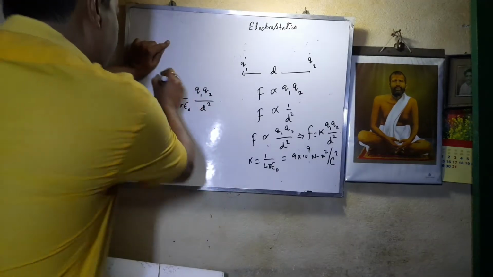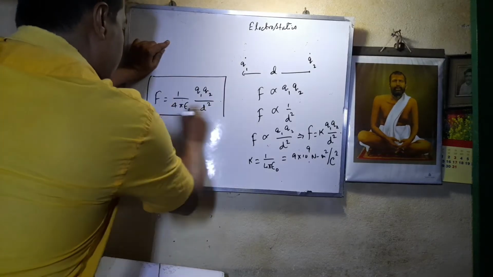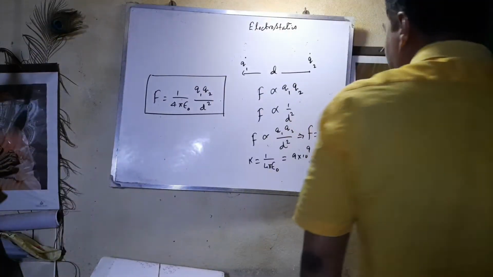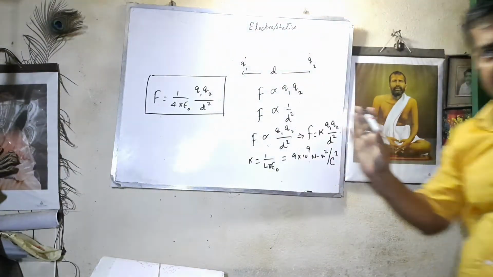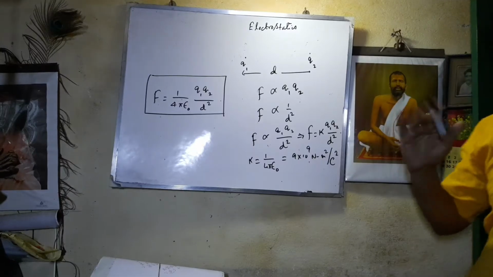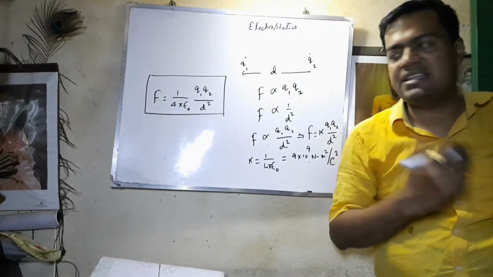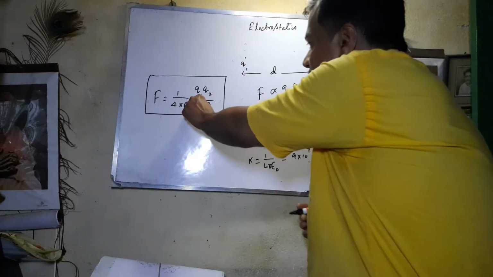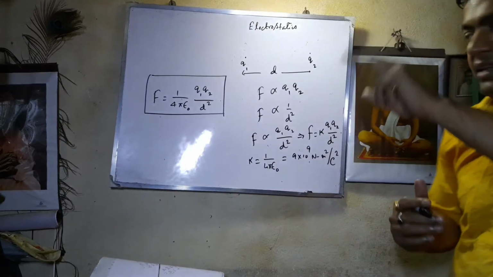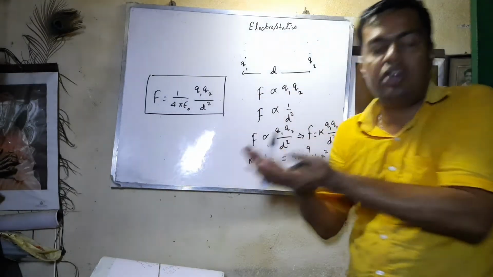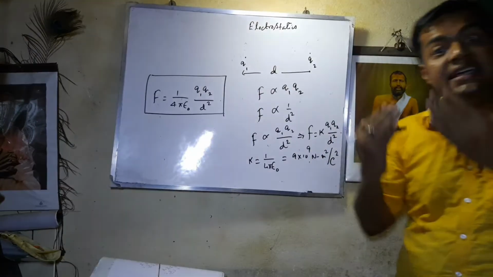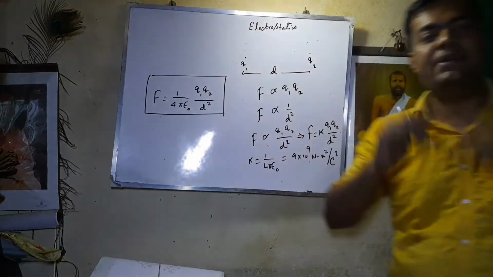If instead of the air medium, some other dielectric medium is considered, then epsilon naught will be replaced by the electrical permittivity of that medium.